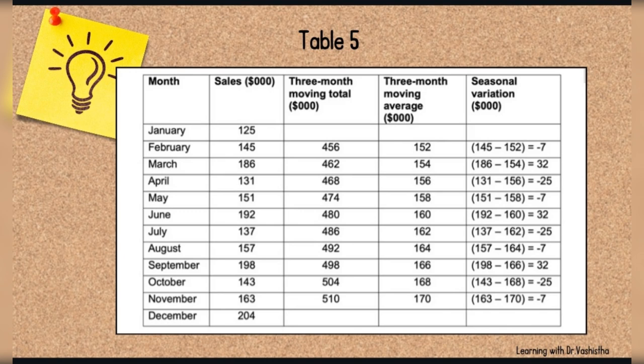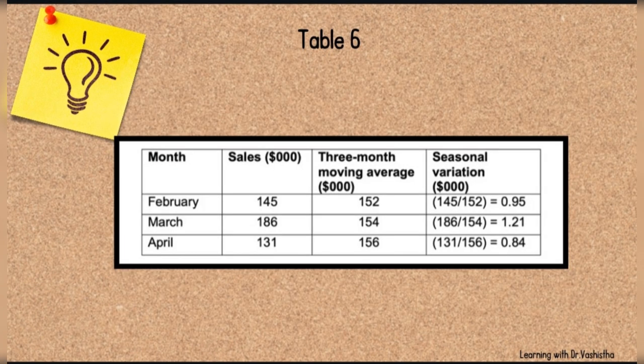In month 3, the variation suggests that every third month, the actual will be $25,000 below the average. In the additive model, it is assumed that this pattern of seasonal adjustment will be repeated for each 3-month period going forward. Now in table 6, we have used the multiplicative model.